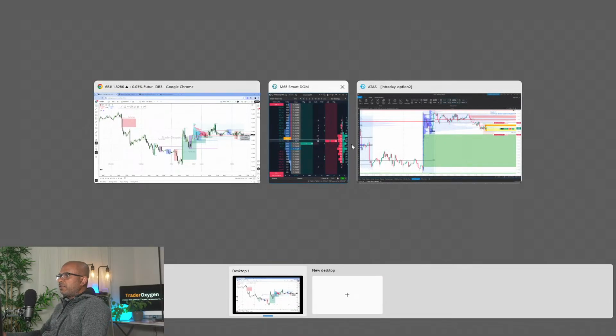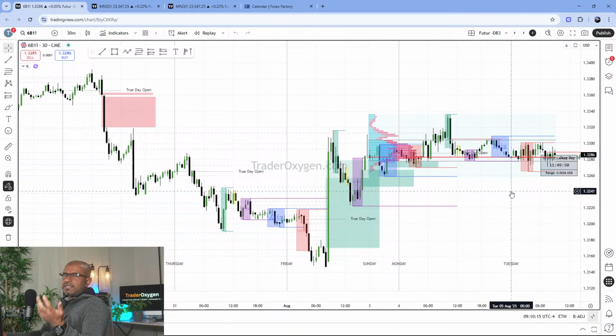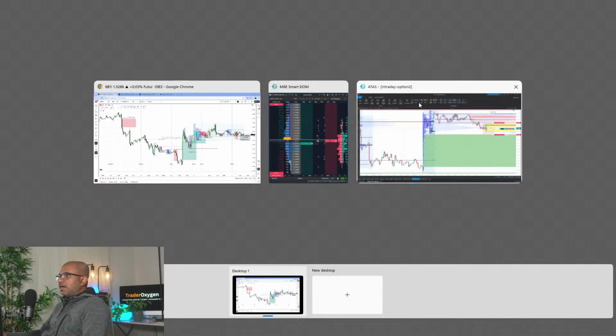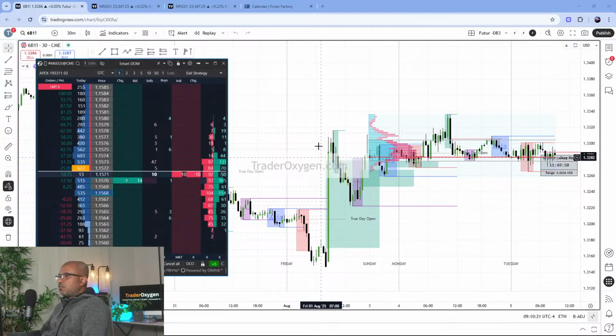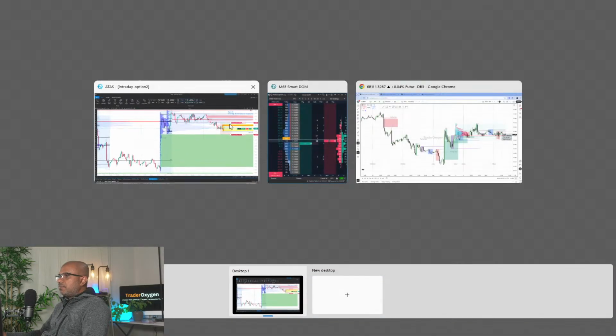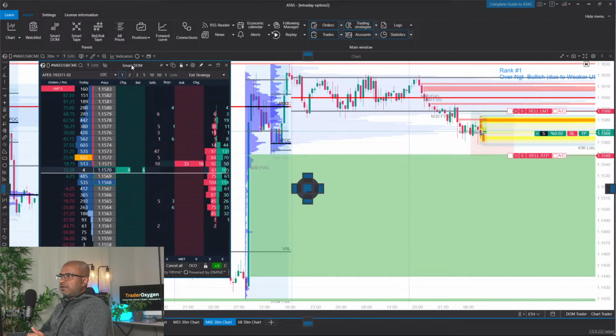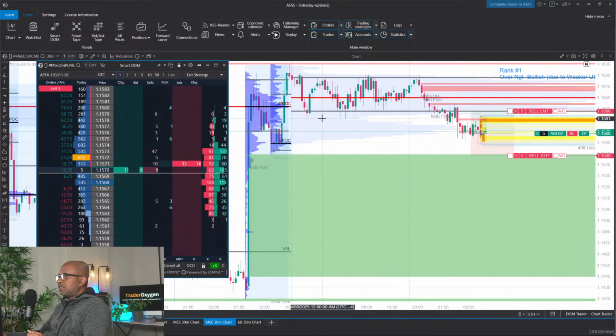But if you don't have the ATAS platform, you can do basic to intermediate, you could even call it advanced, but there are more features we will show you in the ATAS platform. For example, you have the smart DOM over here, which is giving you a lot of information.